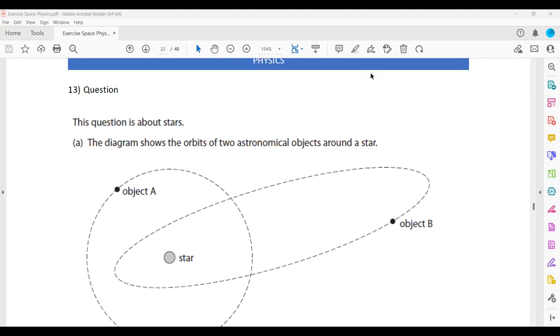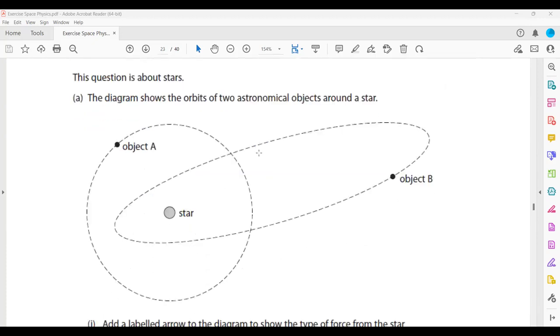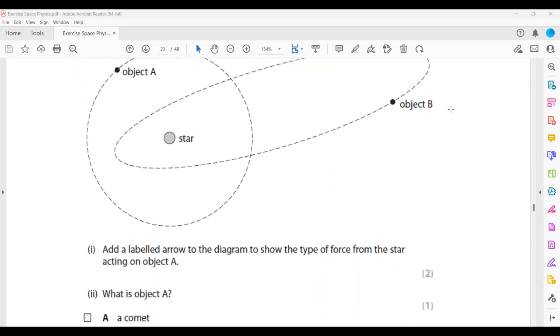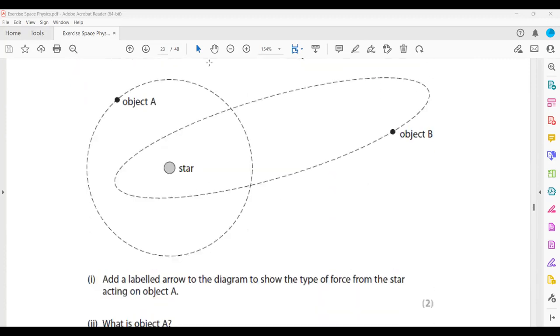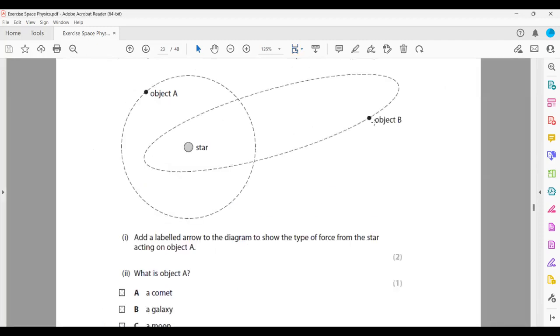In question 13, this question is about the stars. The diagram shows the orbit of two astronomical objects, object A and B. Add a labelled arrow to the diagram to show the type of the force from the star acting on object A. You have to draw an arrow to show the direction of the force and then label that arrow as well, like what we call that force.